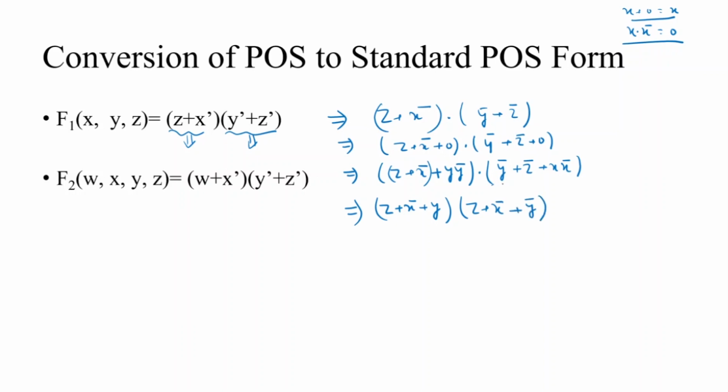Then we also apply the distributive law here. This means this is written as y complement plus z complement plus x, and y complement plus z complement plus x complement.